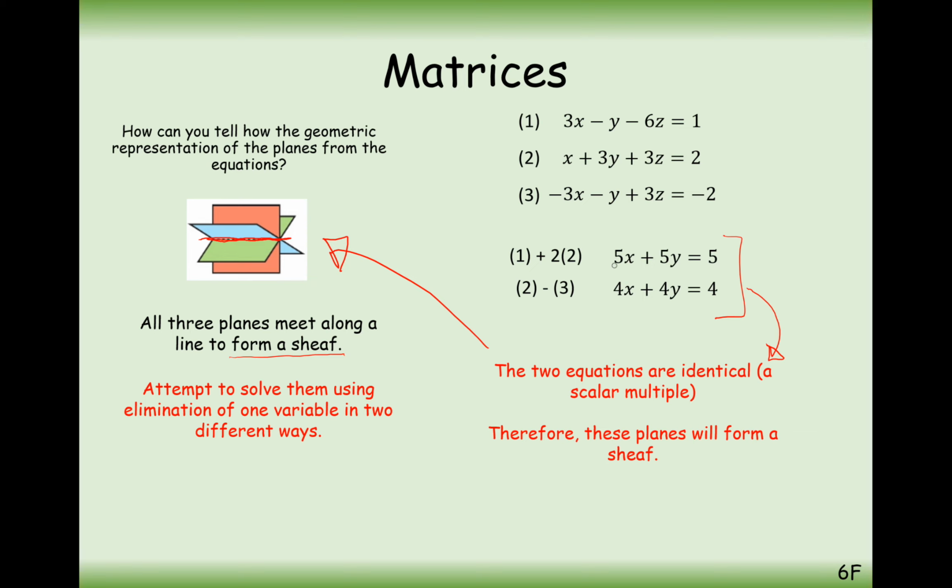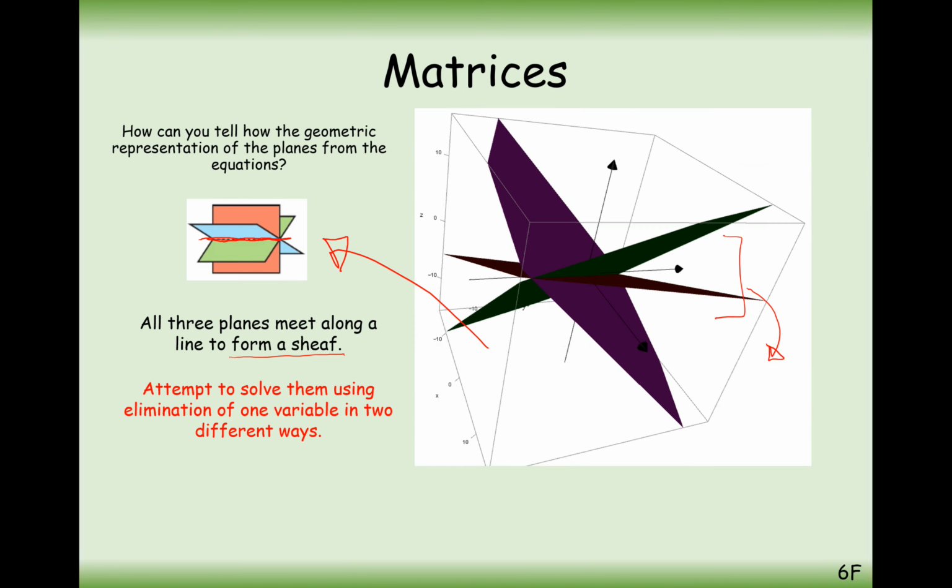It means that there are going to be infinitely many solutions that satisfy both of these equations, so effectively there are infinitely many solutions along this line here. This effectively is what it looks like. So you can see down that line of intersection, that's where there are infinitely many solutions.